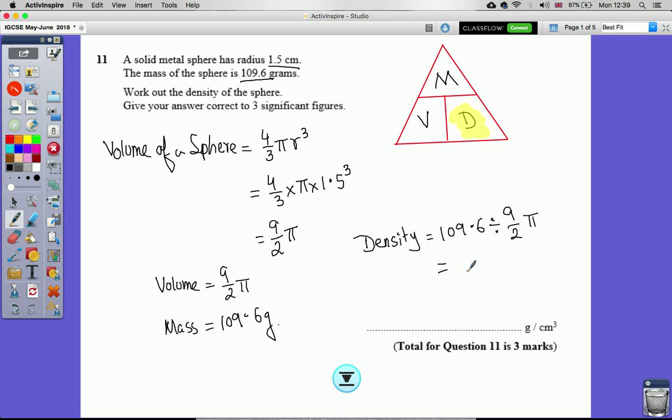And my answer is 7.75, correct to three significant figures. So your answer will be 7.75 grams per cubic centimeter. Okay, right, let's move on to the next question.